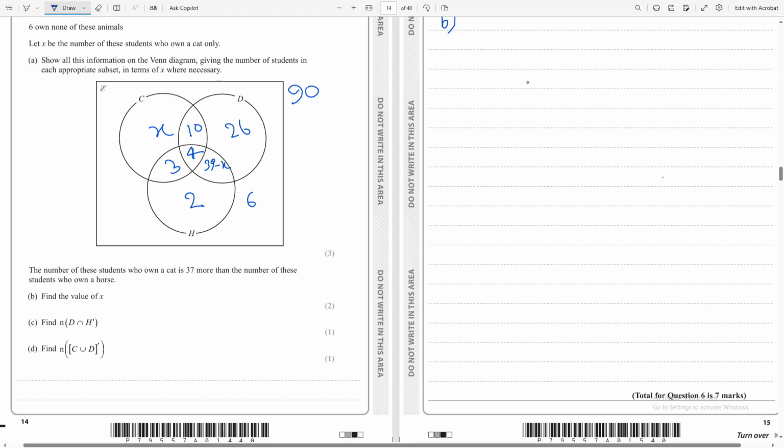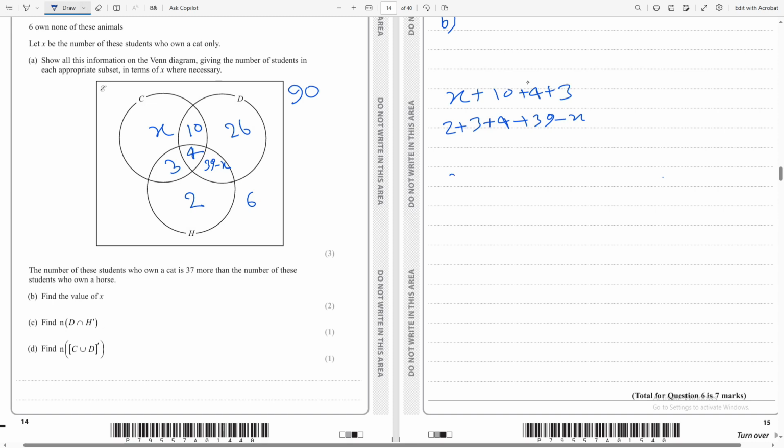So the number of students who own a cat, x plus 10 plus 4 plus 3, is 37 more than the number of students who own a horse, which is 2 plus 3 plus 4 plus 39 minus x. So this number is greater than this number by 37.